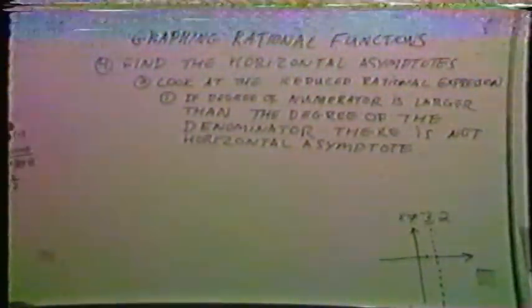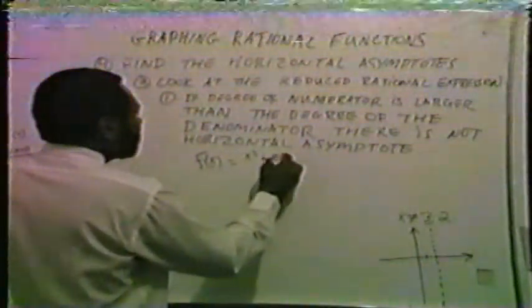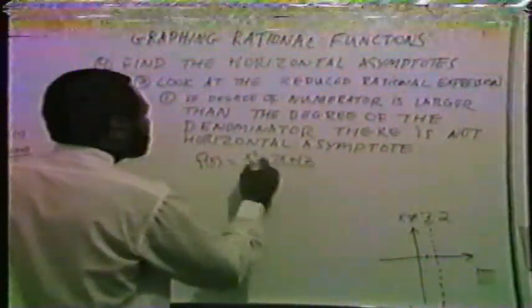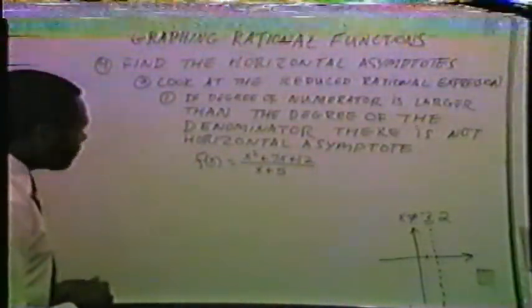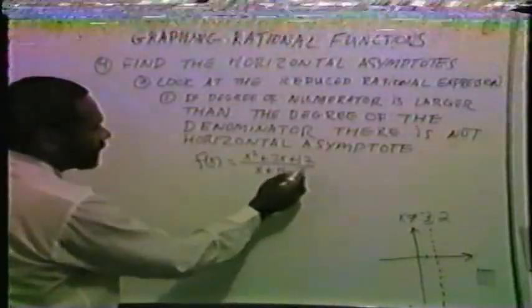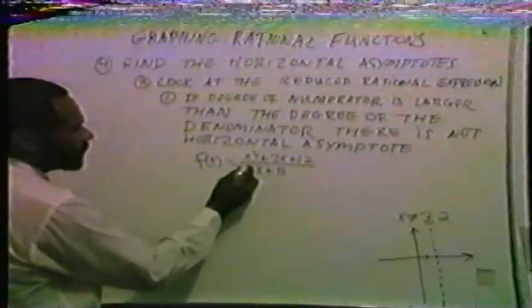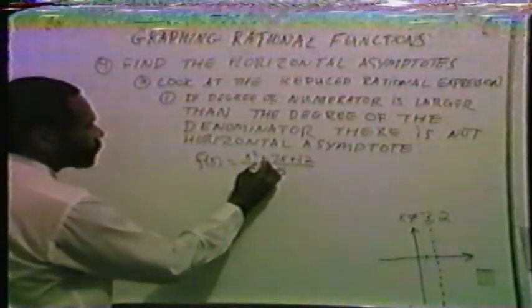Okay, an example of this scenario would be something like f of x equals x squared plus 7x plus 12 over x plus 5. If I look at this, the degree of my numerator is 2, and the degree of my denominator is 1.